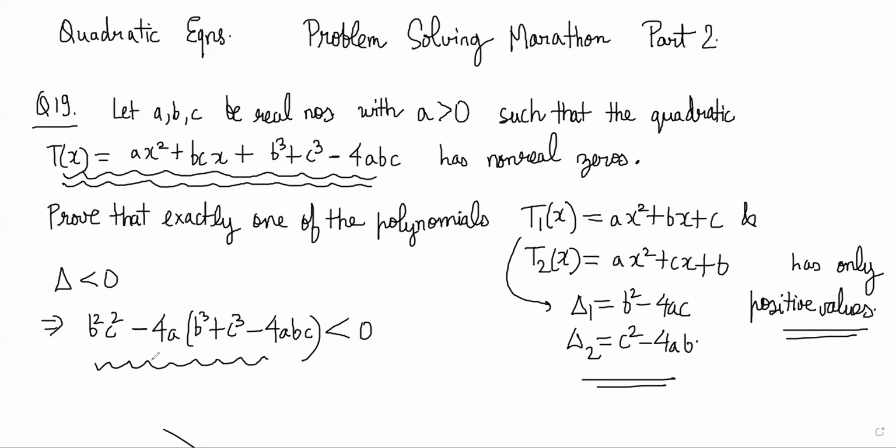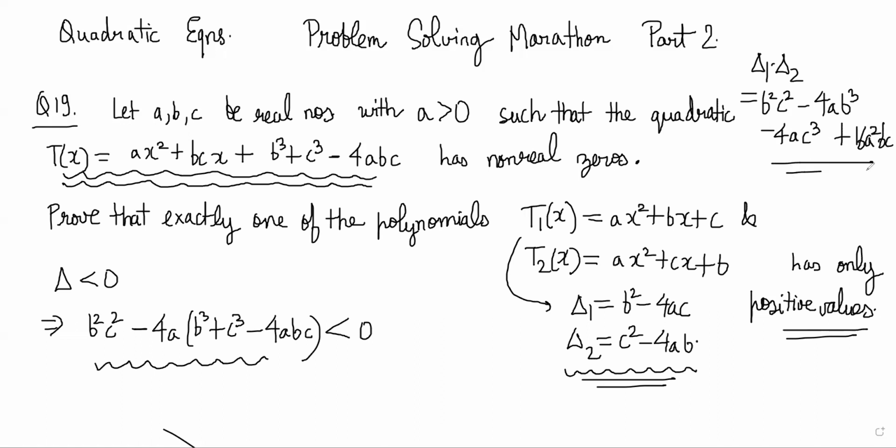Right? Now, if you just look at these two discriminants for the other two quadratics, if I multiply delta 1 times delta 2, let's see what comes. It is b square c square minus 4ab cube minus 4ac cube plus 16a square bc. Right? And notice that here you have b square c square minus 4ab cube minus 4ac cube plus 16a square bc, which is less than 0.